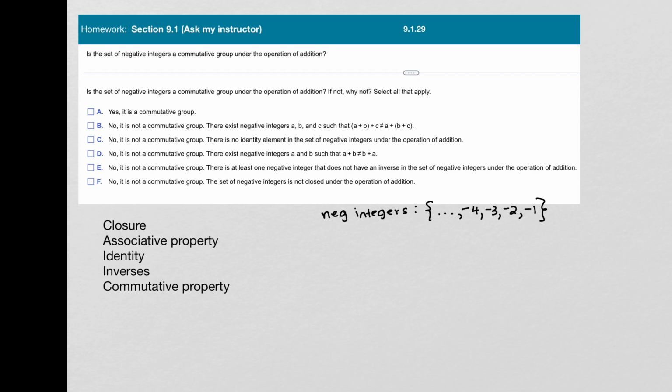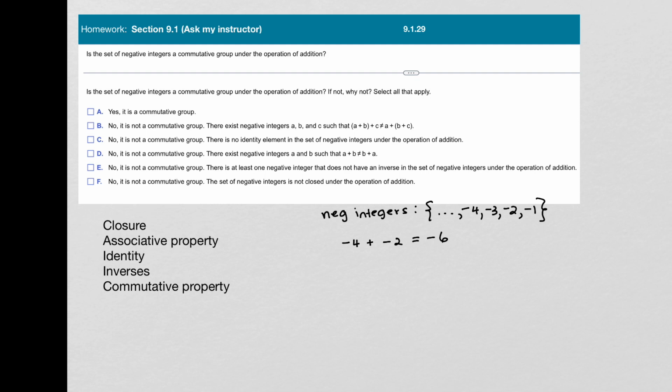So the first property I'm going to check is the closure property. If I were to add any two negative integers, would I always get a negative integer? This is a little abstract. I can make an individual example. I can say -4 plus -2 gives me -6.